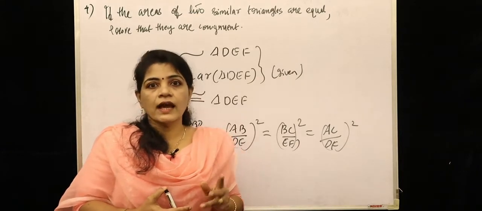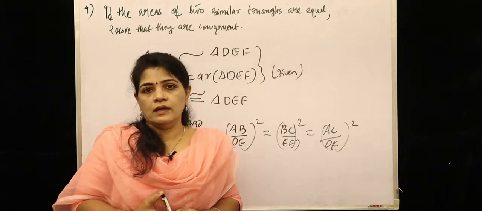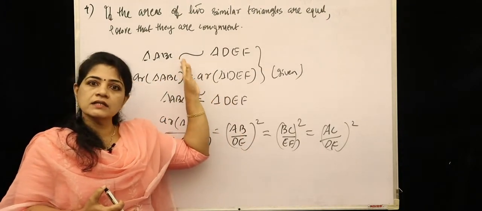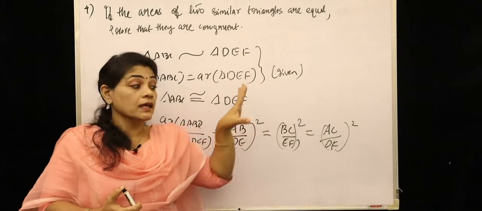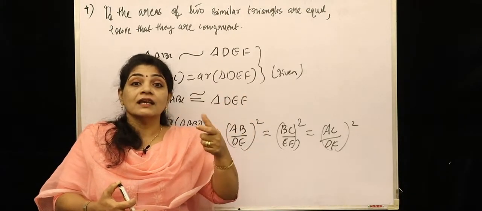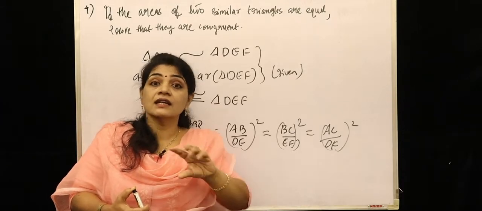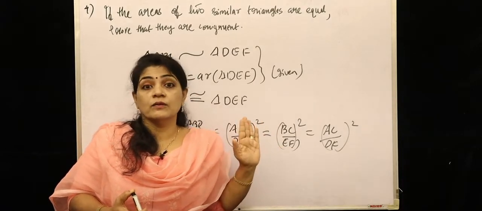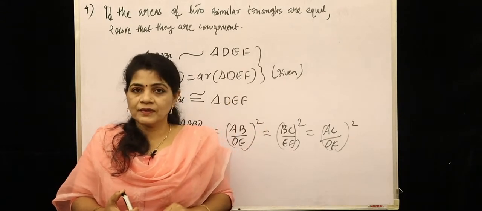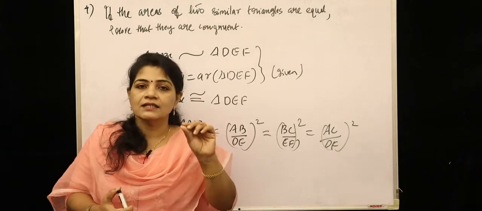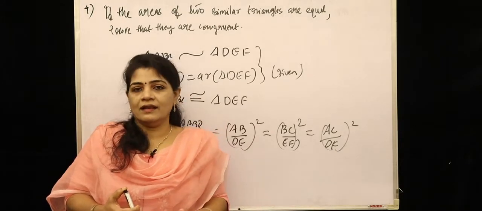Here, being similar, they must have equal angles, but their sides are in proportion. But if the sides are also equal, our condition is satisfied, and those two triangles will be congruent. It is clear, children. So what is our aim? We have to show that the sides are equal.